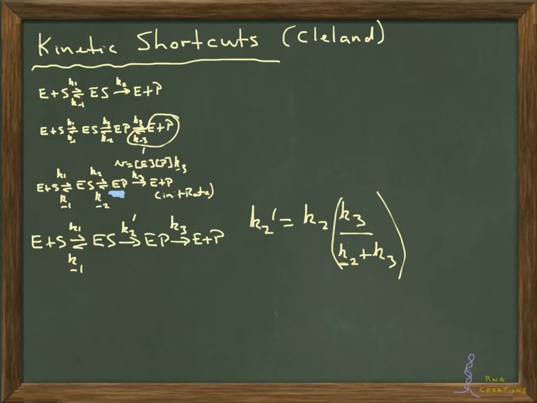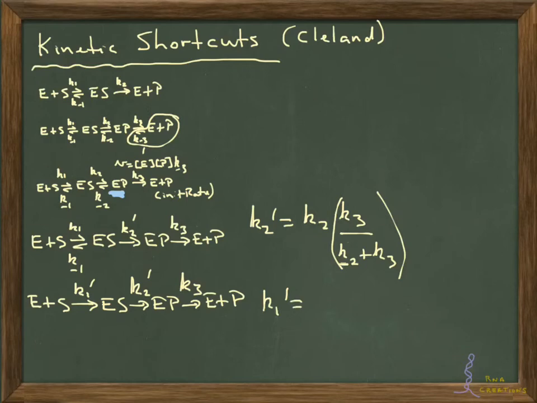So now we're going to get rid of k minus 1, and we'll call that k1 prime. K1 prime is going to be equal to, well, now we're looking at ES, and it's the likelihood that ES is going to go forward versus go backwards. ES can go forward at a rate constant of k2 prime, not k2, but k2 prime.